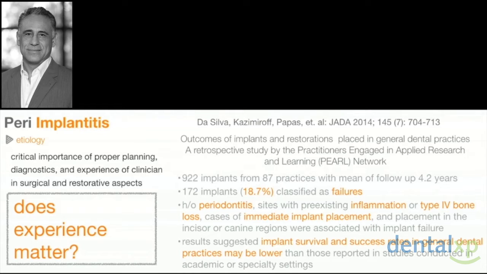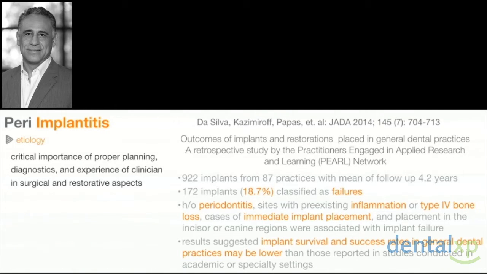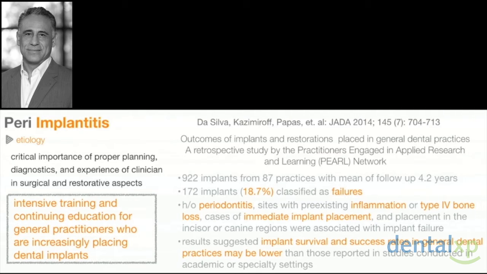I think there's no question that the experience of the clinicians, both from the restorative and the surgical aspect, does matter in the outcomes and the predictability of our cases. And I think that intensive training and continuing education for general practitioners who are increasingly placing dental implants and restoring them is a crucial factor, and this is something that we need to work together to continue to support.